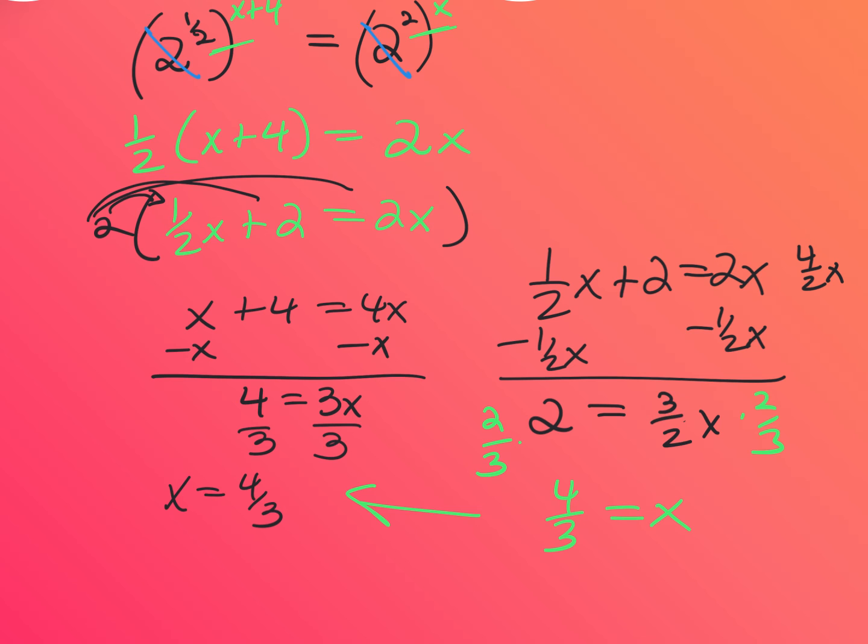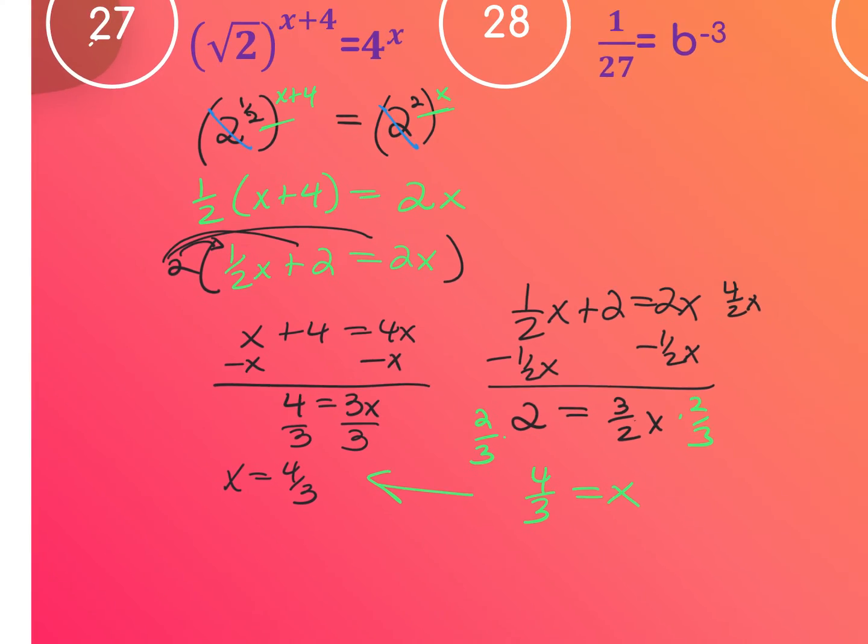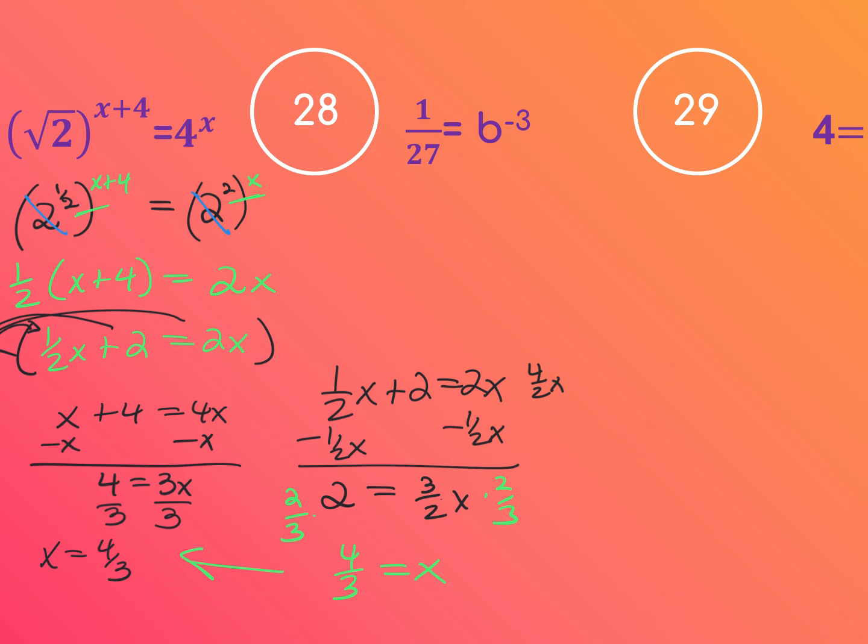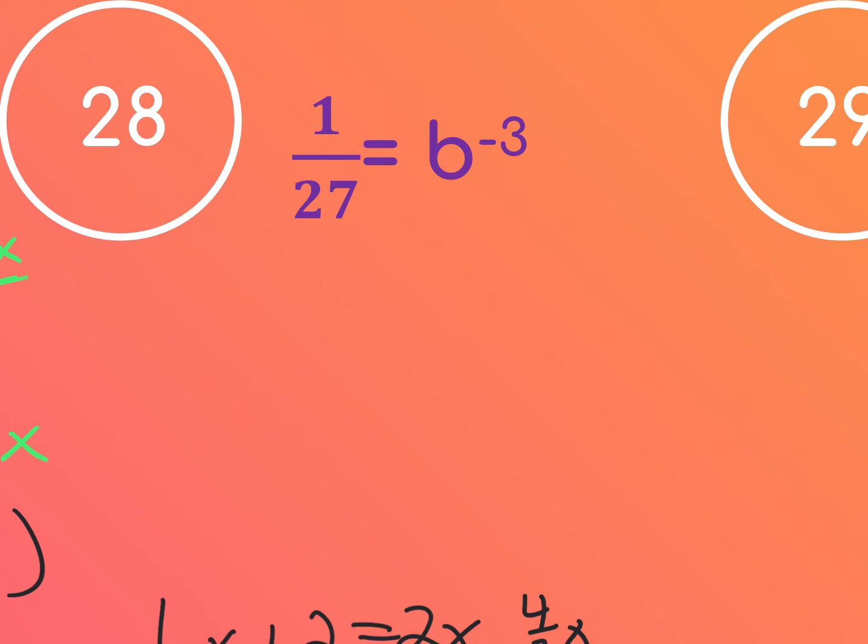Doesn't matter. Now this next one, instead of doing a change of base, because I've got a variable here as the base, not the exponent, what I'm going to do instead is keep the 1 over 27. I'm going to turn b to the negative 3 into what it means, 1 over b to the 3rd.